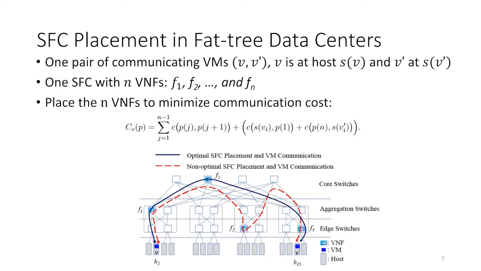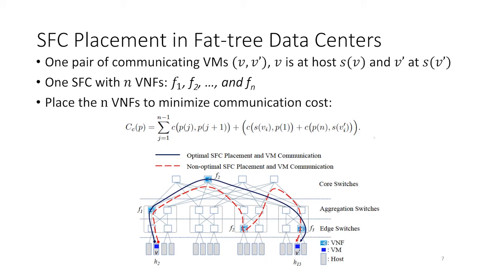We have one SFC with n VNFs, f sub 1, f sub 2, all the way to f sub n. Our goal is to place the n VNFs in the fat tree in a way that will minimize communication cost. Communication cost is calculated using this equation, C sub C of P.